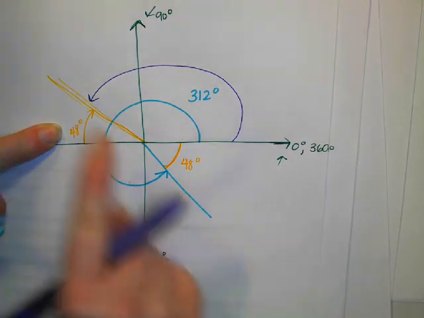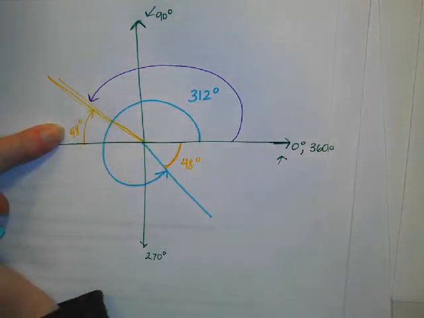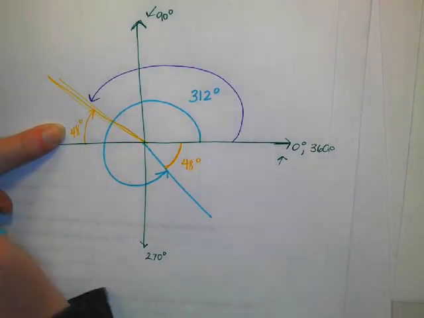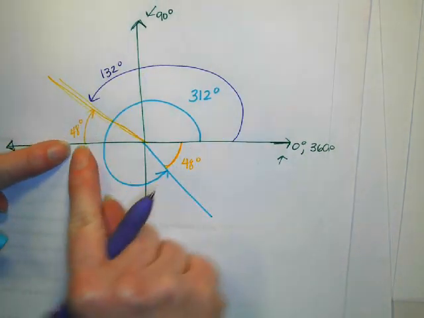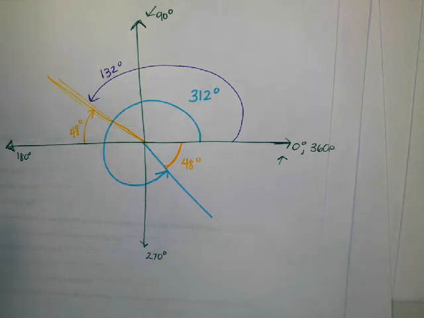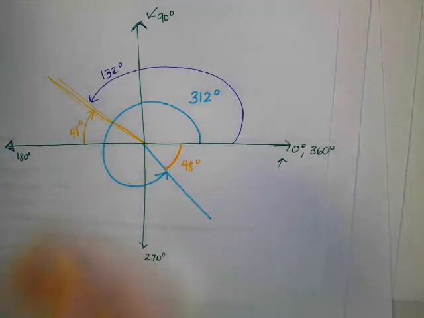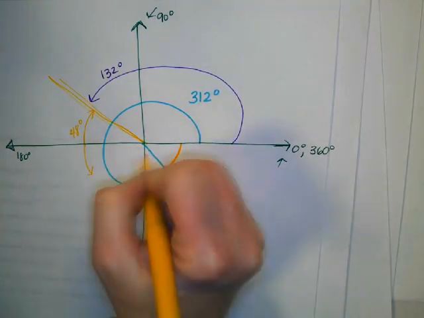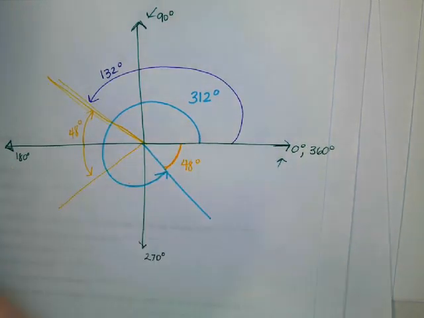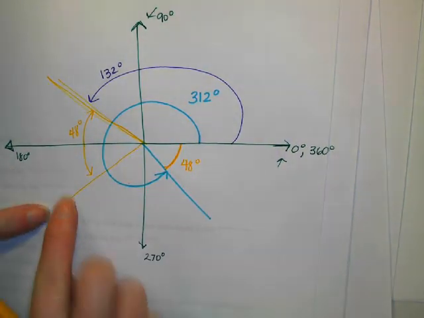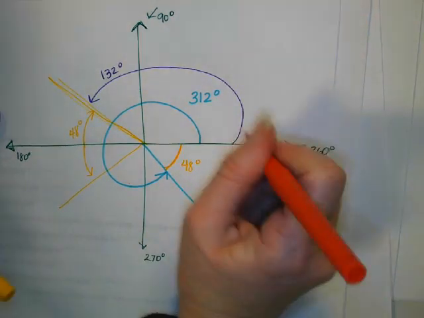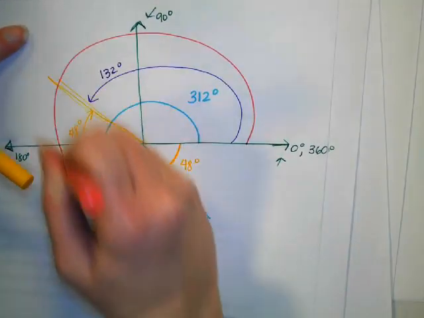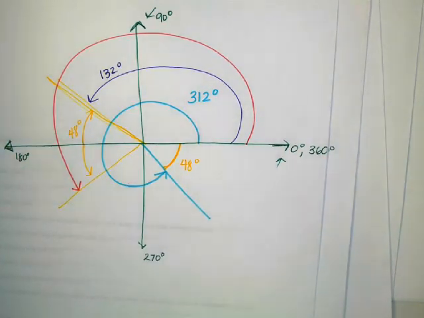So this angle in purple would be how much? 132. Because 132 plus 48 makes 180. There's also a 48-degree reference angle coming down this way. But 48 degrees is only the reference I'm using to make it easy to calculate. The actual angle is this obtuse angle that starts at 0 and comes all the way around.